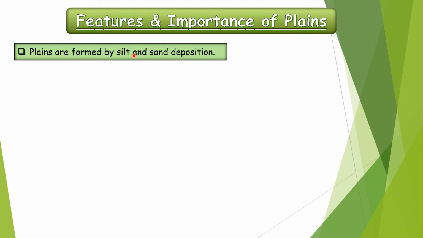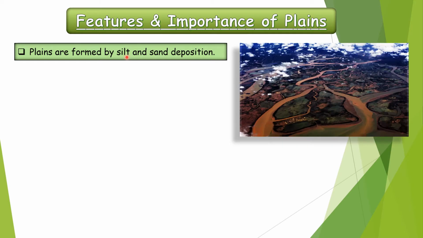that is river. Okay, so what happens when river leaves mountain and joins low land, then this silt and sand starts gradually depositing, and when it deposits it forms plains like this.